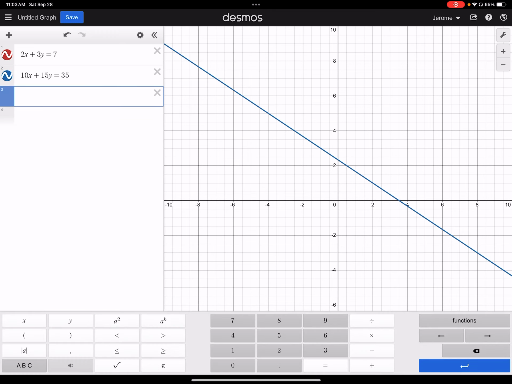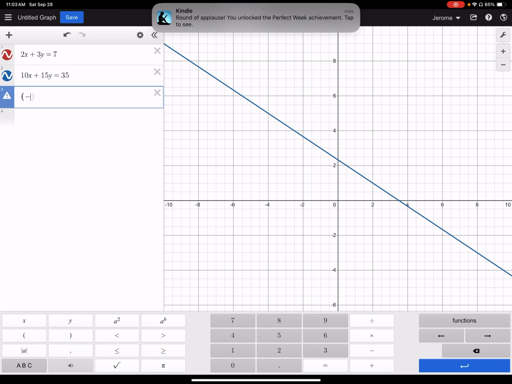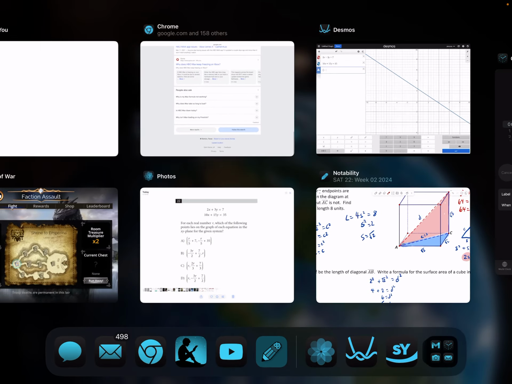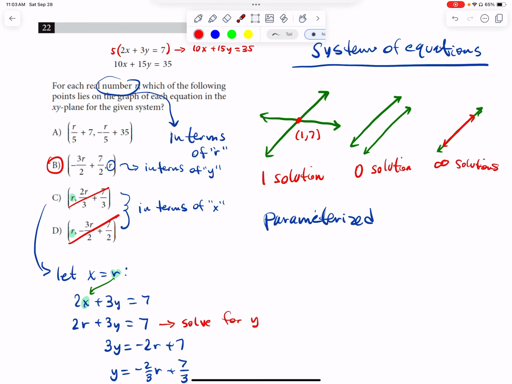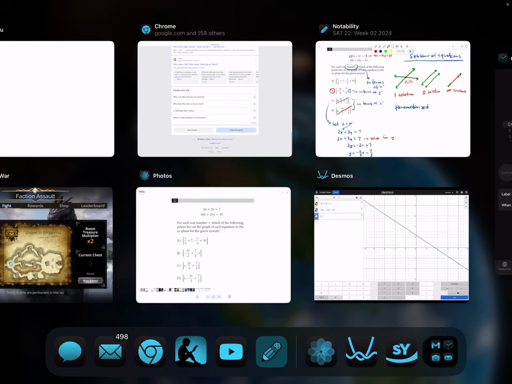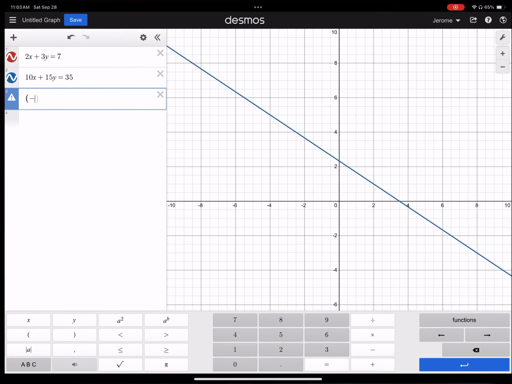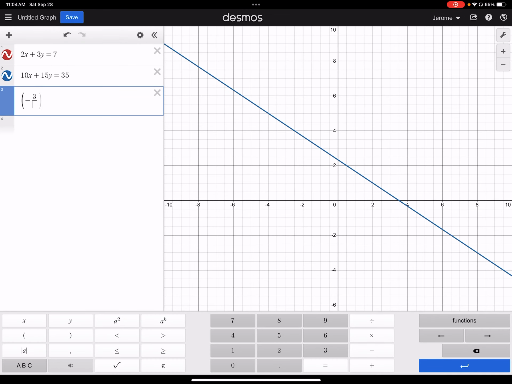So I'm going to open up my parentheses here. And inside of it, it was... I don't remember. I think it was negative, was it 2 over 3 or 3 over 2? I don't remember. Let's see. It was negative 3 over 2. I guess I could have just looked at the equation and solved it in my head. Negative 3 over 2r. 3 divided by 2.